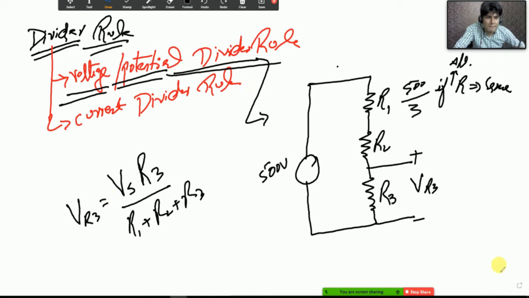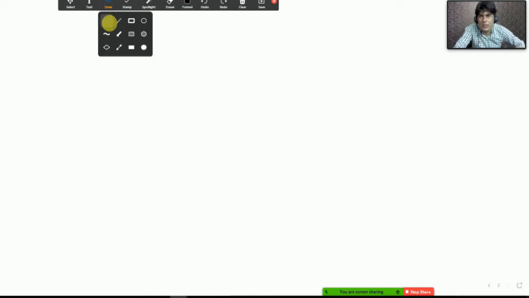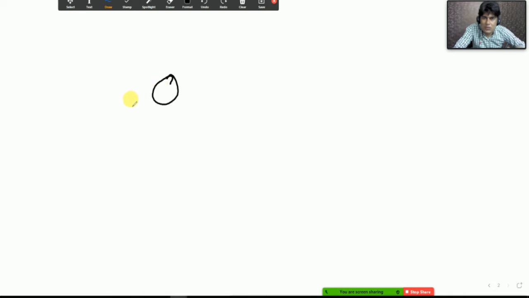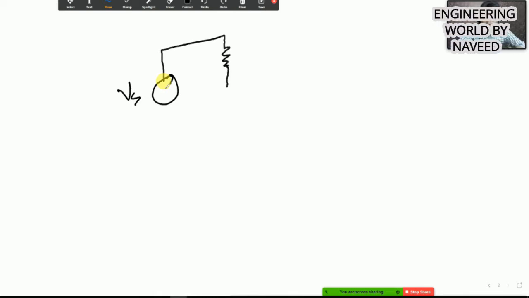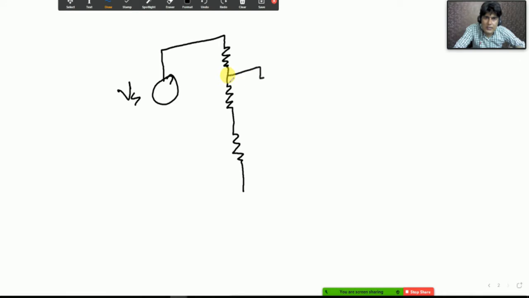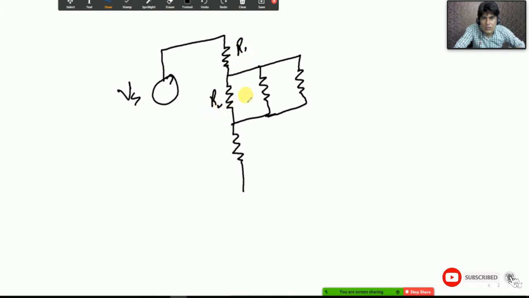Let's do another example. Say a voltage source is given to you. One resistor is like this, the second like this, the third like this, and another like this. This resistor is R1, this is R2, this is R3, this is R4, and this is R5.